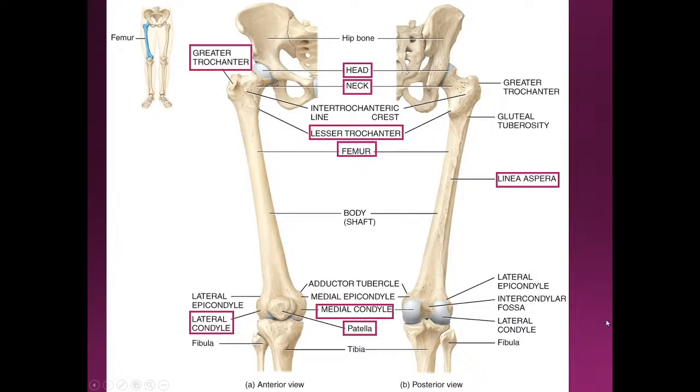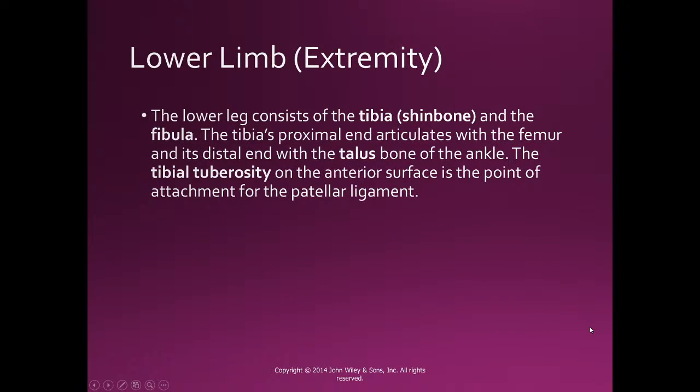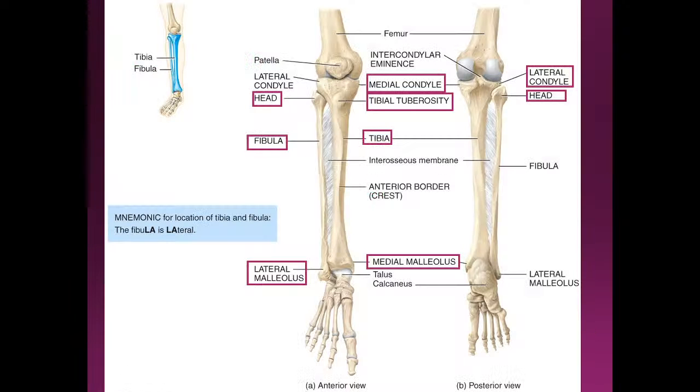Just understand that different textbooks will call it different things. Some will call it a patellar tendon or quadriceps tendon. Others will refer to it as the patellar ligament. And when we get to the joints unit, we'll see the actual tendon or ligament there.